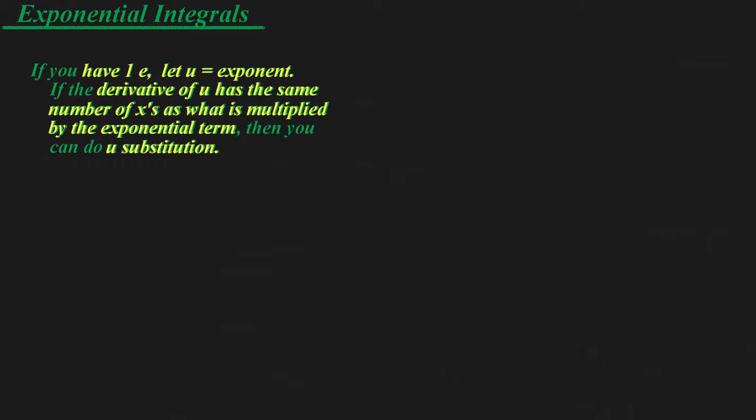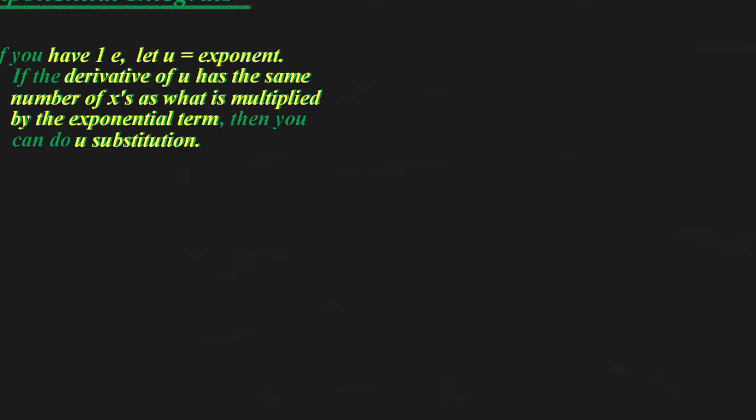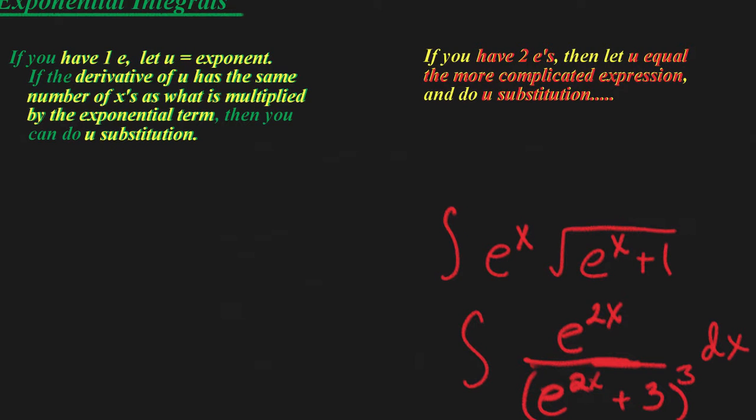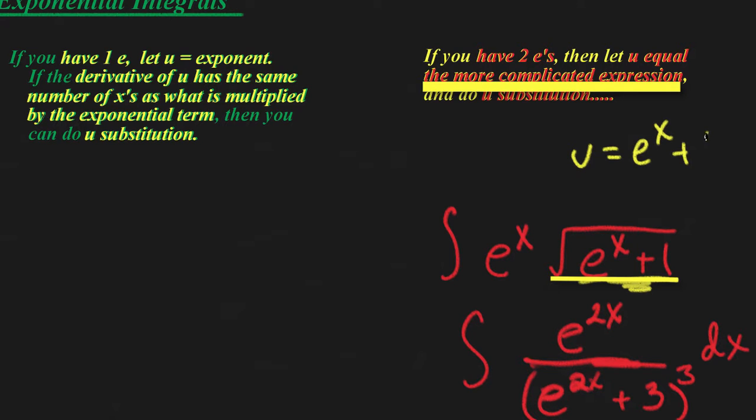So what happens if you have more than one e present? Well, in that scenario, if you have two e's, you let u equal the more complicated expression. Alright, so if we look at these two examples, more than one e, you let u equal the more complex of the two expressions. So in this case, you would let u equal e to the x plus 1, and the derivative would be an e to the x term.